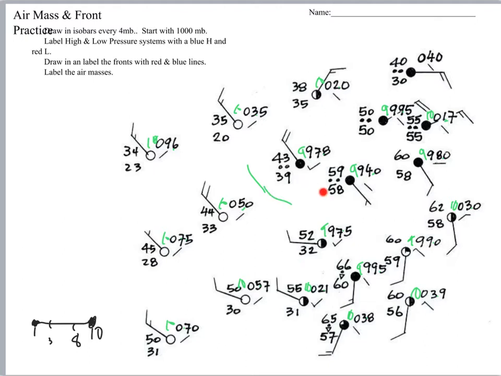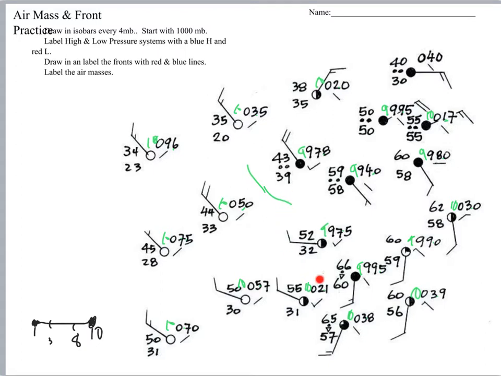Okay, so can I go this way? Can I continue my green line this way? The answer is no, because this is less than 1,000 and this is less than 1,000. So I can't go through there. So we have to find another spot. That's less than 1,000 and this is greater than 1,000.